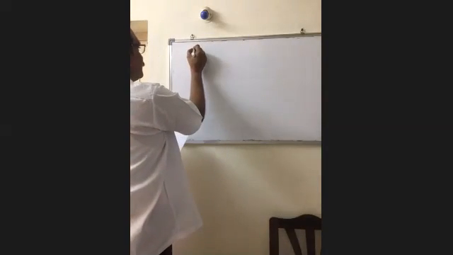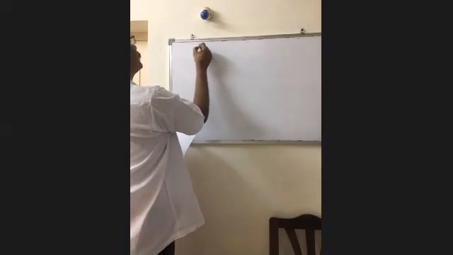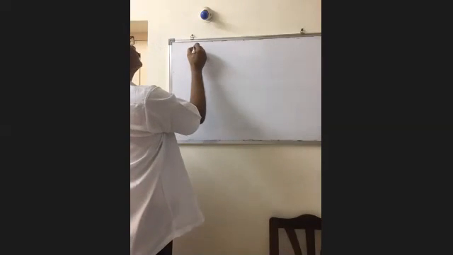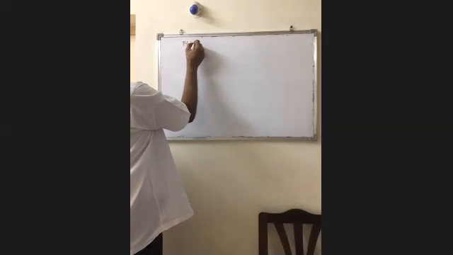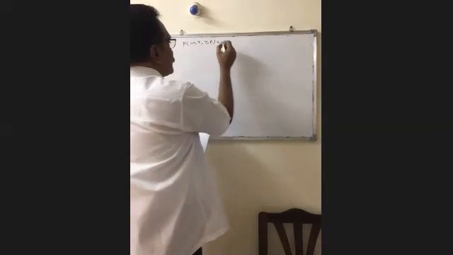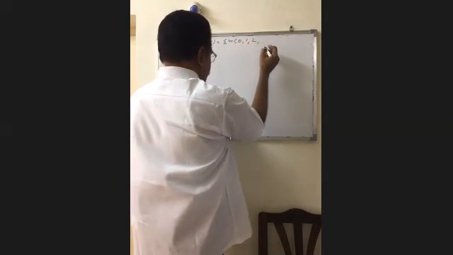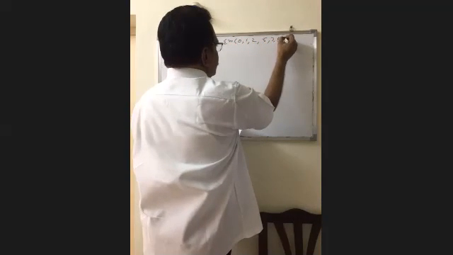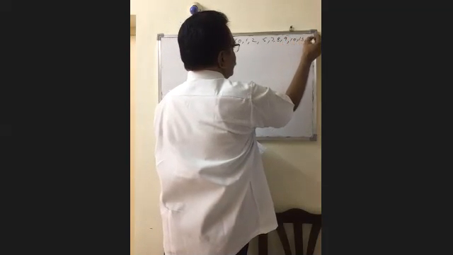The example is f of W x y z equal to sigma m of 0, 1, 2, 5, 7, 8, 9, 10, 13, 15.